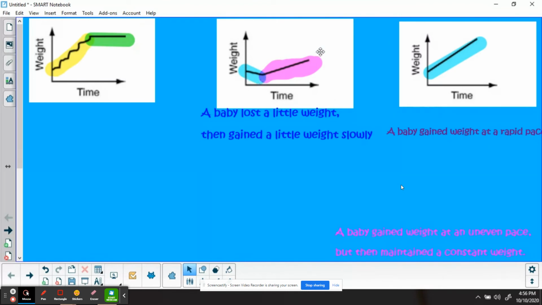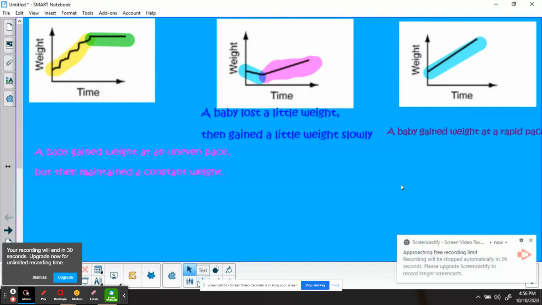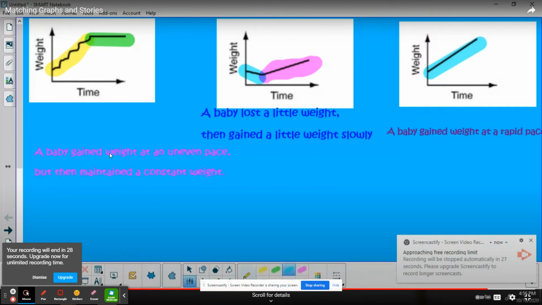Two slow changes, but the first was a decrease and the second was an increase, which means this is left to match with the first graph. Now let's kind of pick this apart. The beginning of the sentence says baby gained weight at an uneven rate. That phrase uneven is the big symbol.